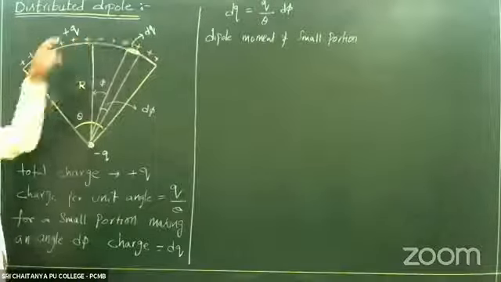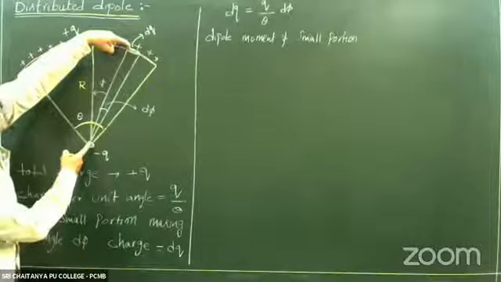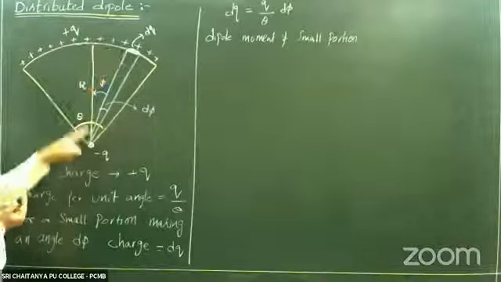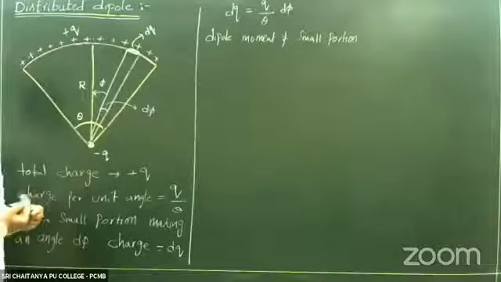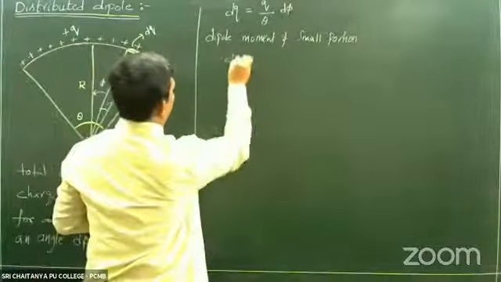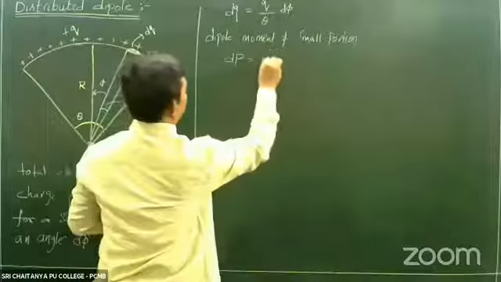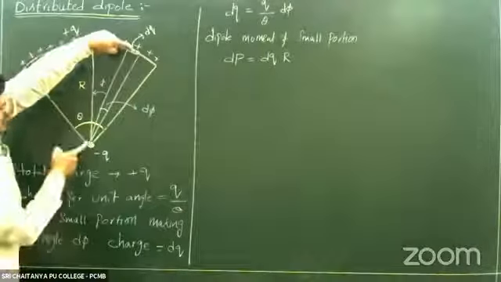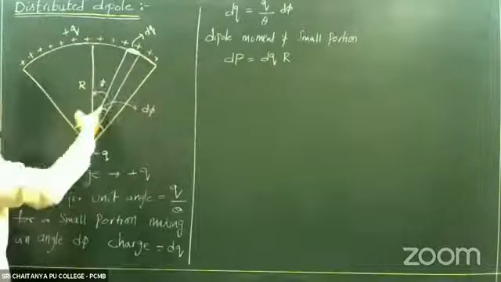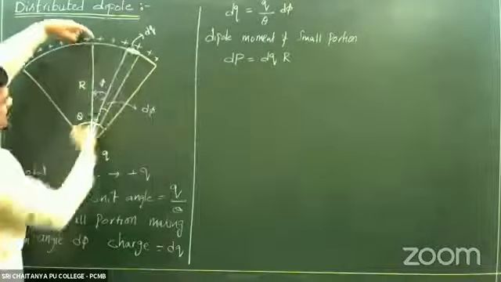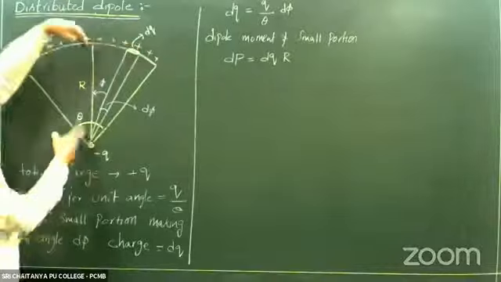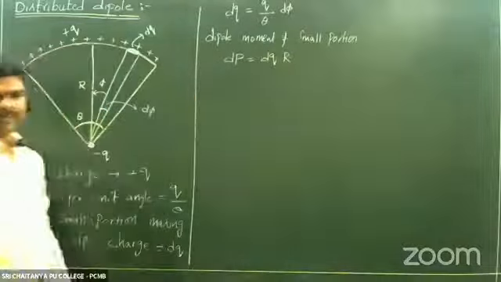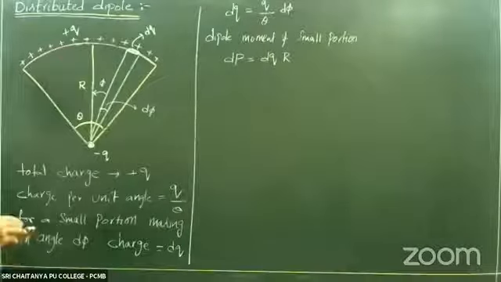Charge into distance between the charges, the product of charge and distance, right? I call it dp. Here the charge is dq. The distance between this charge and this charge is also equal to r, because this is also the radius. From here to here, the distance is r. So dp is dq into r, right? Now, a small thing.